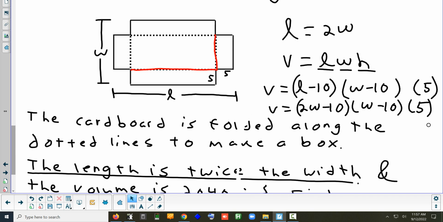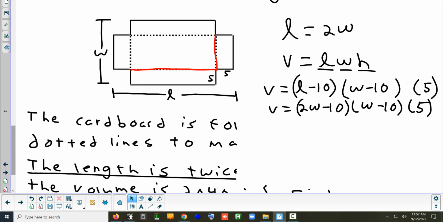Any question on that? That's the length, width, and height of my folded shape. Now, what can you factor out of 2W minus 10? A 2. What's 2 times 5? So you're left with 10. And if you factor a 2 out of here, what's left? 5, or negative 5.